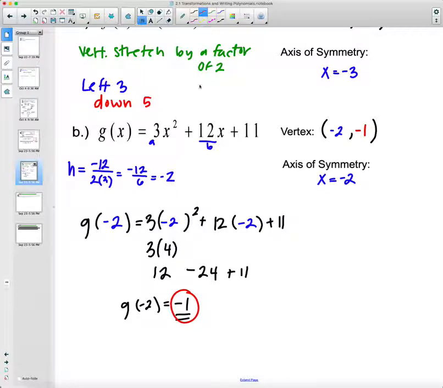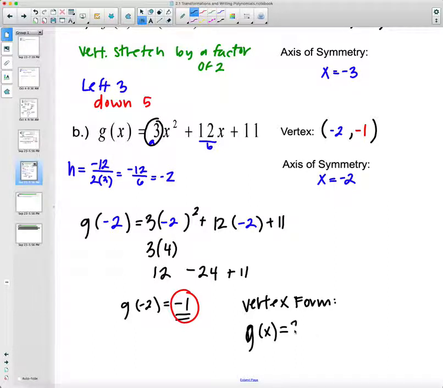And that's your vertex. So then for this one, if we wanted to write it in transformation form or in vertex form, so this is standard form, so then vertex form would be g of x equals a, which is given to you right here.